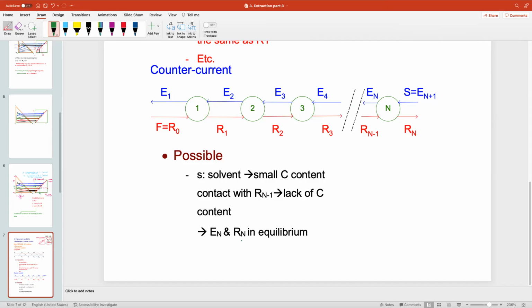Now, what happened in the extraction, first, before we go to the graph, please understand the basic mechanism.